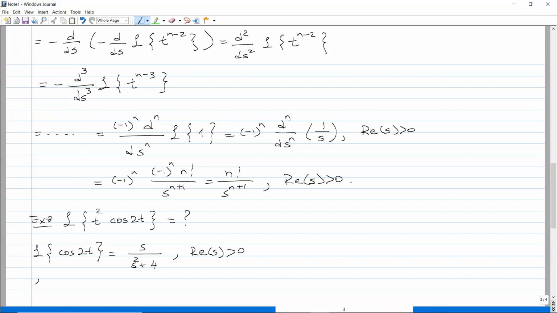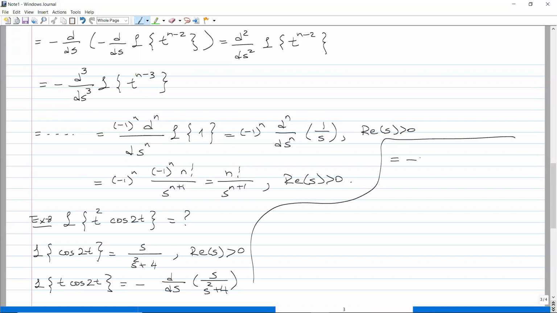So if you multiply with t, we have minus the derivative with respect to s of this function, which is minus the derivative of s, which is 1, times the denominator, minus s times the derivative of the denominator, which is 2s, over s squared plus 4 squared.